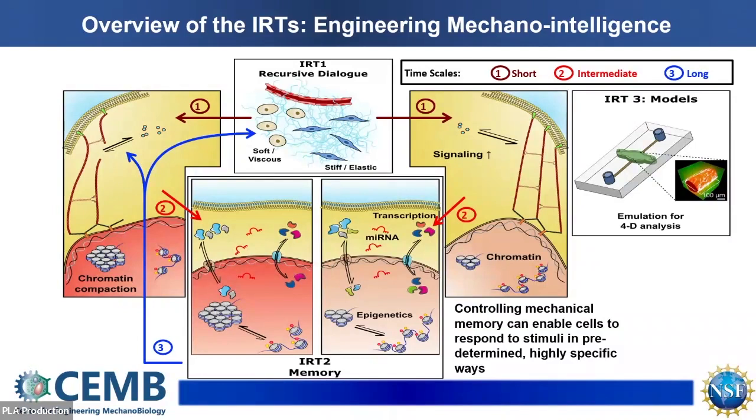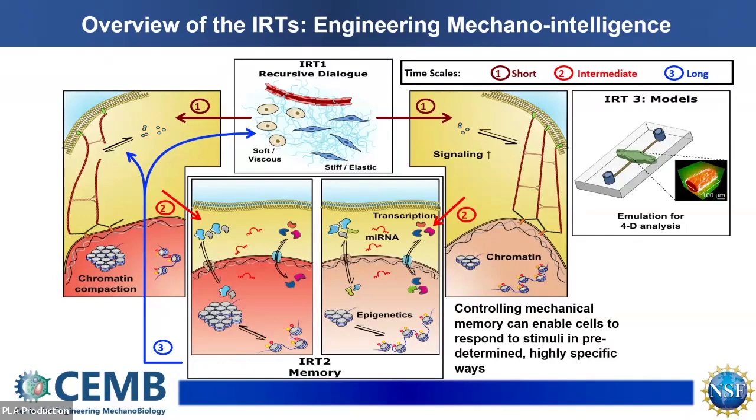And so again, understanding chromatin changes, epigenetic, transcriptional changes, how that will feed back again to the cell's interaction with the matrix. And then ultimately, IRT3 is looking at those cells assembling into tissues and the influence of mechanical cues on that tissue organization as well as tissue and organ function.